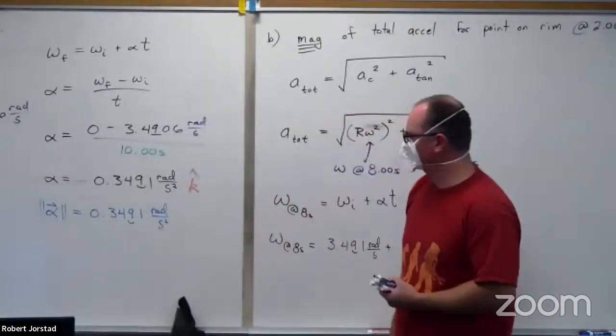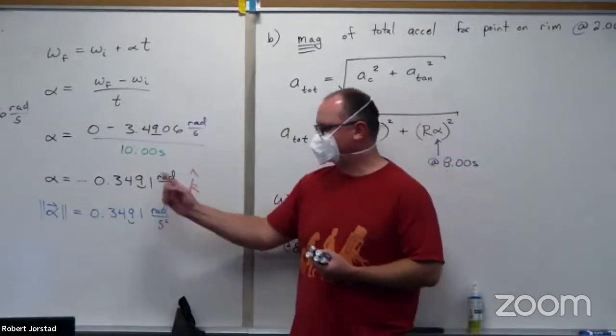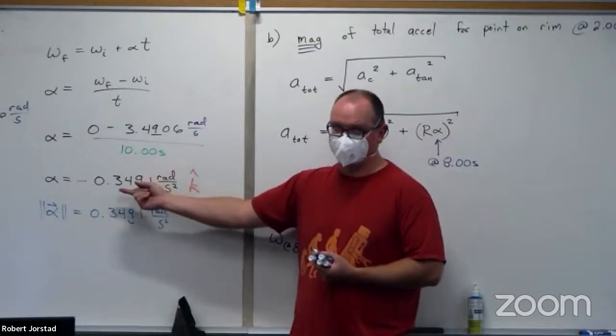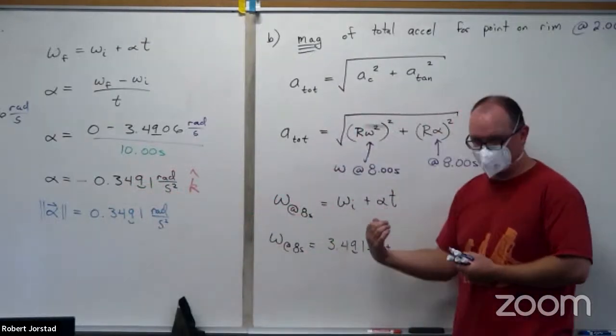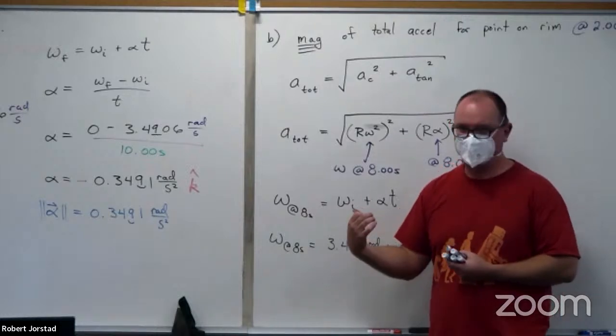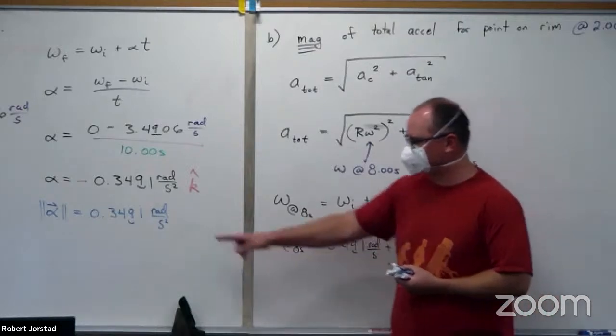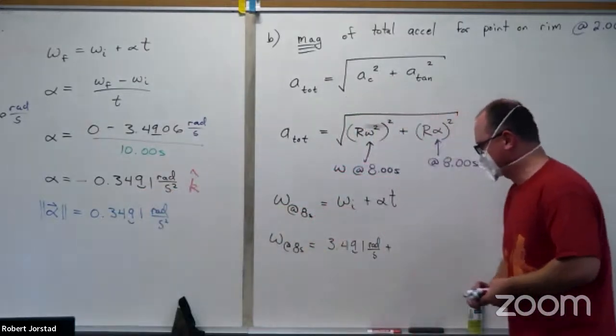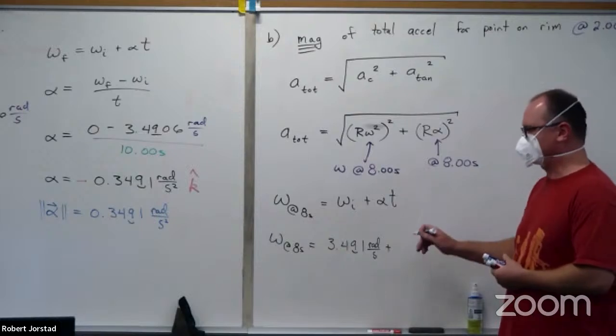I just want to mention this. We want to use the alpha variable. This is why I didn't round all the way, because now I want to use the unrounded result over here so that I don't introduce intermediate rounding error. If you use this rounded number, people are still doing that and they're getting numbers off in the third sig fig. So let's use the unrounded result.